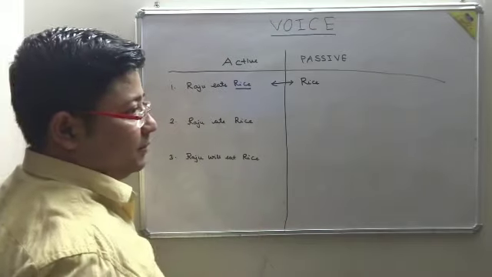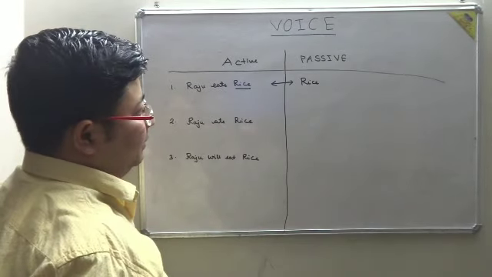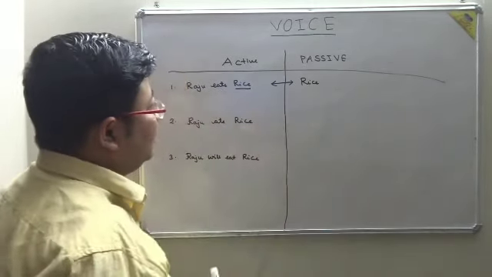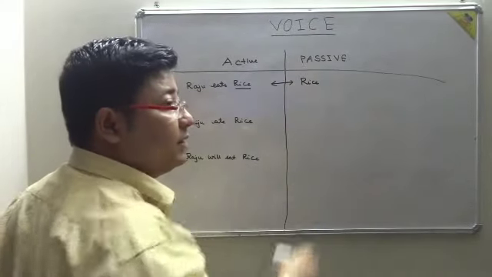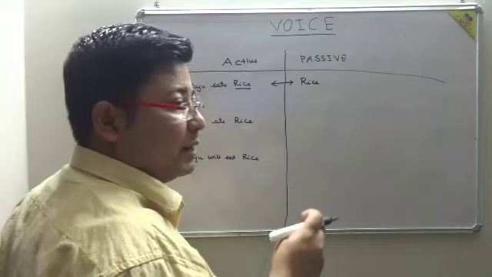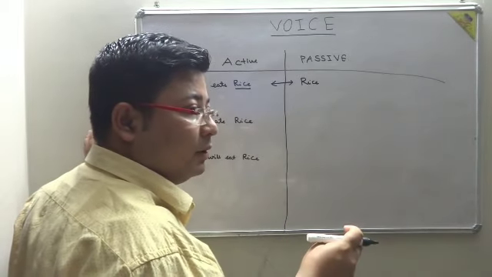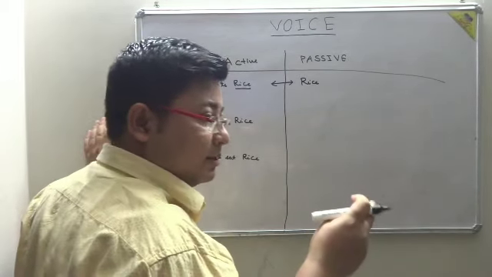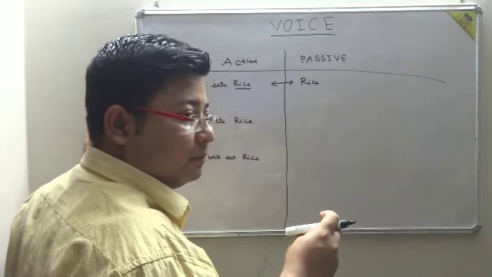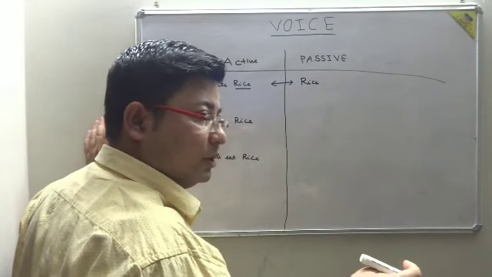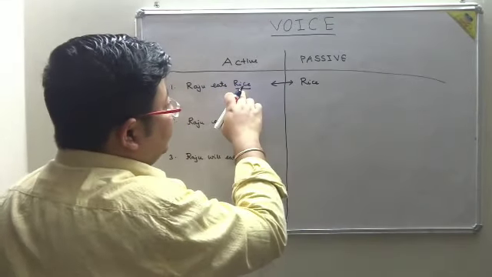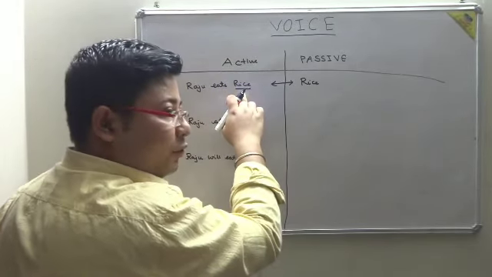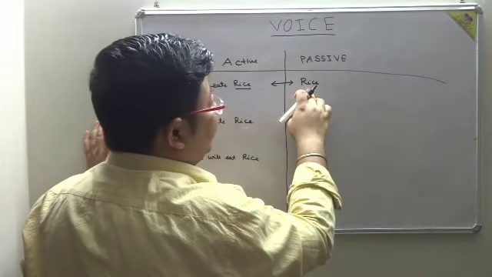Raju eats rice. Okay. So what will be the conversion? Rice. Then be verb will come. Okay. In passive voice, do you remember the form? Subject plus be verb plus the past participle form of the verb plus the preposition plus the object. So this object in active voice will become the subject here.